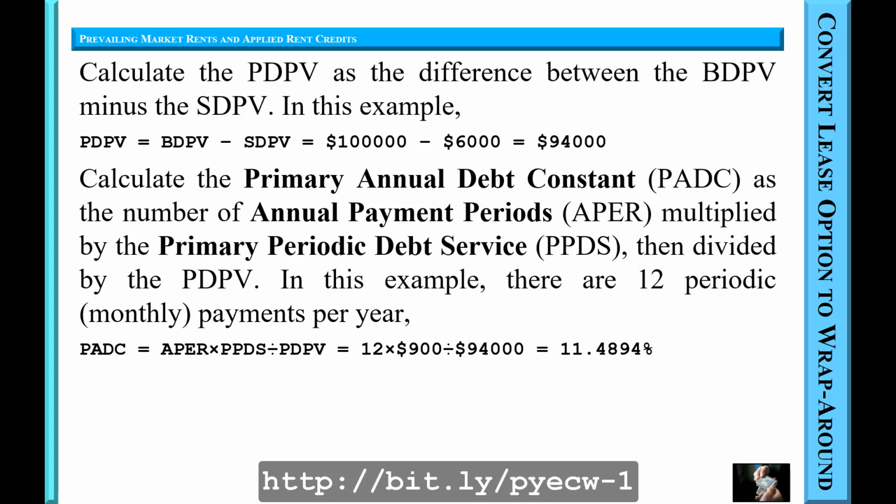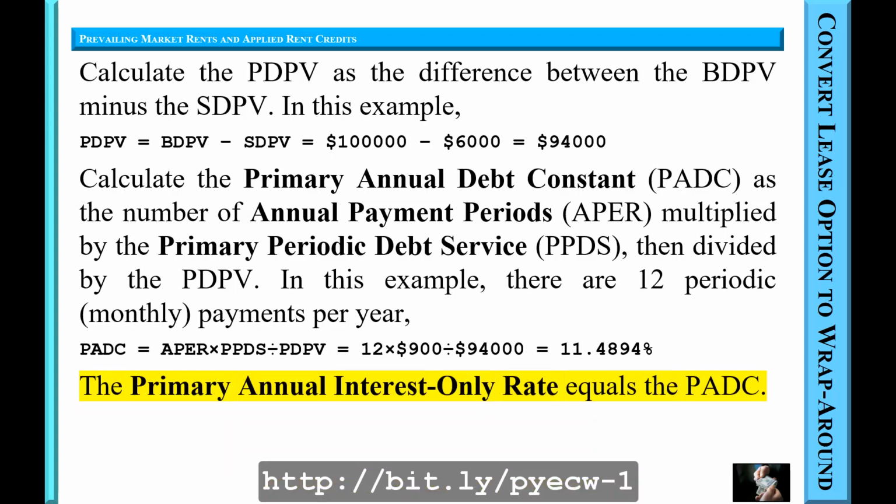PADC equals annual payment periods multiplied by primary periodic debt service divided by primary debt present value equals 12 times $900 divided by $94,000 equals 11.4894%. The primary annual interest-only rate equals the primary annual debt constant.